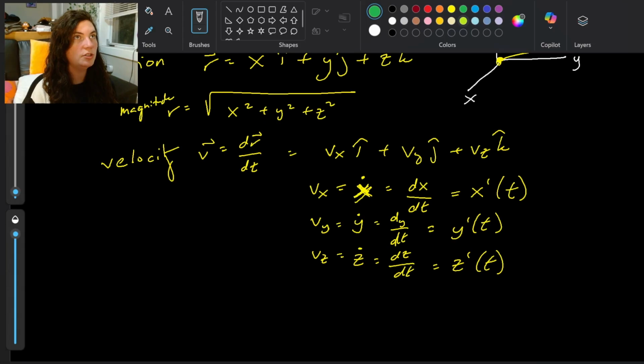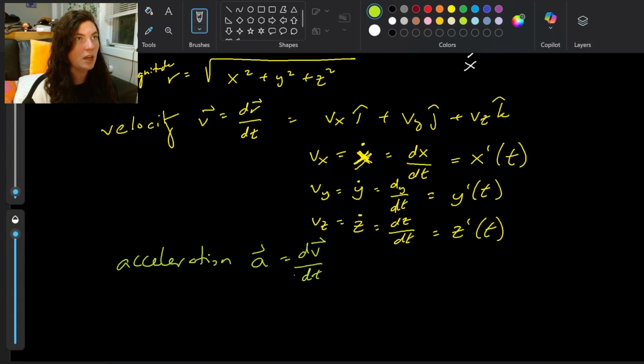Then when we come down to our acceleration, as we've discussed before, it's just the derivative of velocity. So again, acceleration in vector form is the derivative of the velocity function with respect to time. We can see this in many forms. We could see this as ax i hat plus ay j hat plus az k hat.